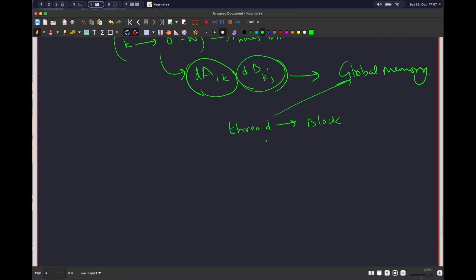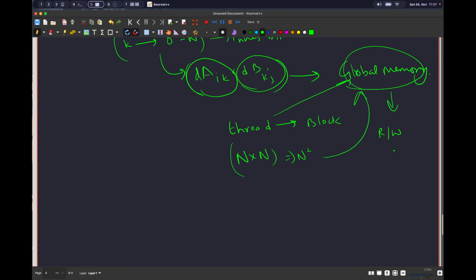So if you're invoking n by n number of threads, all of these n square threads will have access to the global memory. The benefit of global memory is it is huge. You can store a lot of elements in it, but read write access is pretty slow. So any operation that includes reading and writing from it is pretty slow.